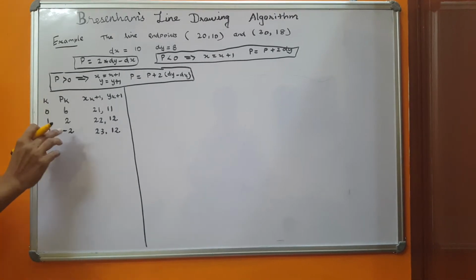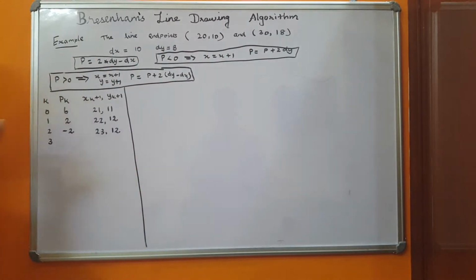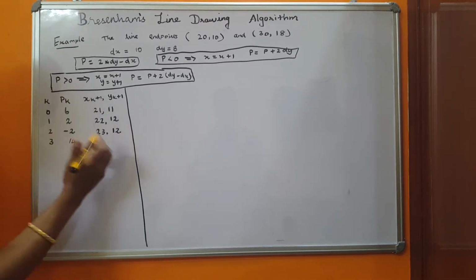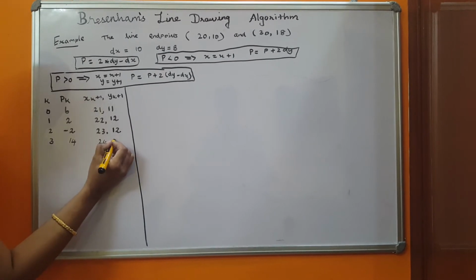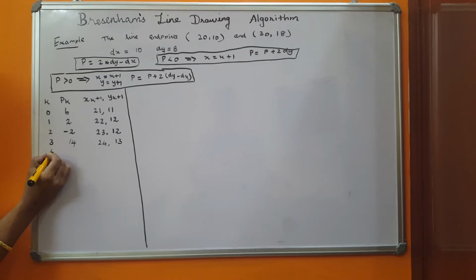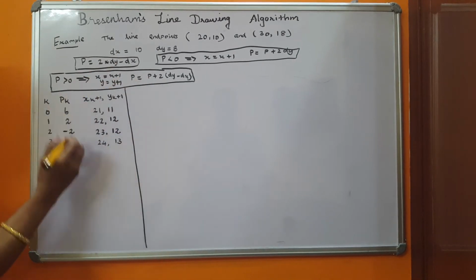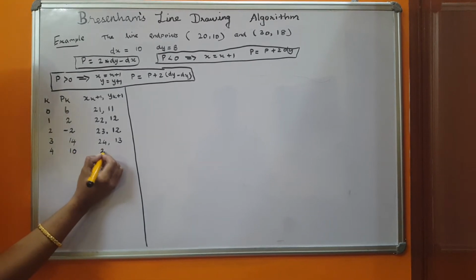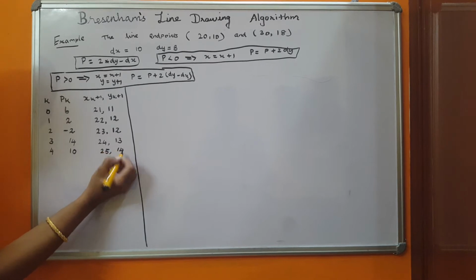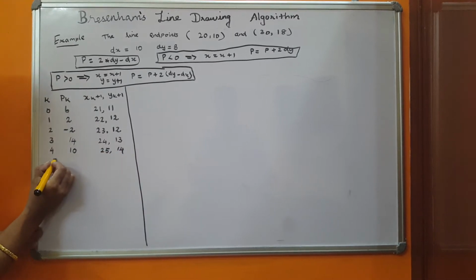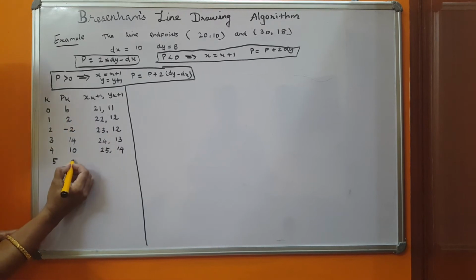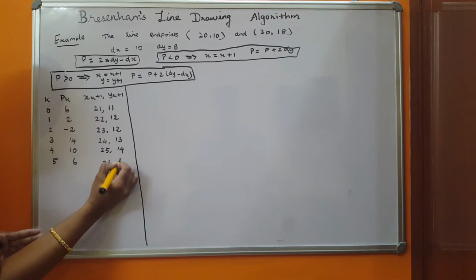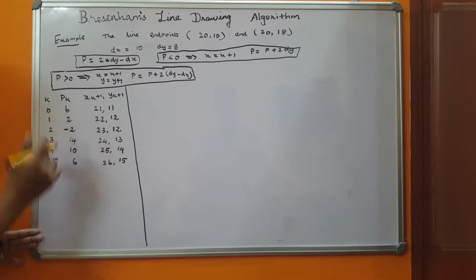Next step, we substitute the minus 2 here, so we get the value 14, which one is greater than 0, so x incremented, y also incremented. Now we substitute 14 here, we get 10, which one is greater than 0, so x incremented, y also incremented. Next iteration we get 6, so x incremented, y also incremented. The same steps is repeated here.